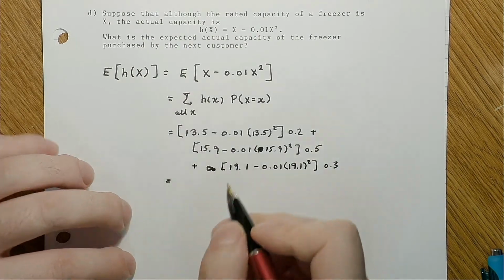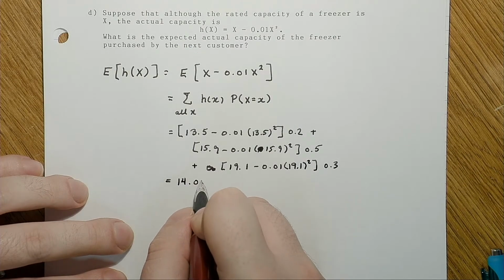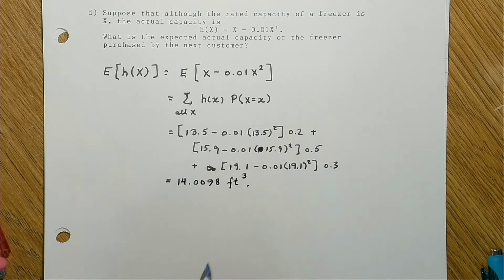And if I put that into a calculator, what I get is 14.0098 cubic feet. And that's the expected amount of space for the next customer.